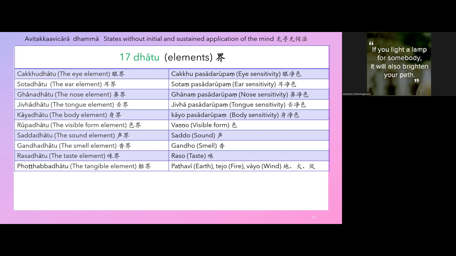So here on this slide, we have shown you the first 10 dhātu, which are the rupa dhātu. Chakku, sota, gana, jibha, kaya, rupa, saddha, gandha, rasa, pottabba. And here we have 12 udarika, or gross matter, classified under these 10 dhātu.